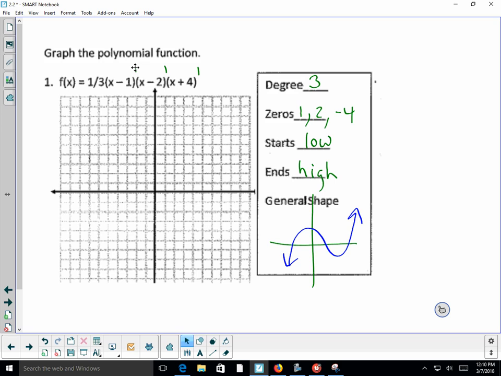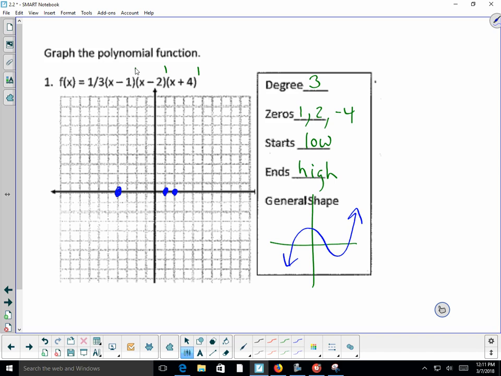Okay, at this point, let's actually plot our zeros on the graph. So there's 1, 2, and 1, 2, 3, 4, -4. Does that look accurate? Now, how many times are each of these zeros occurring? Once each, right? 1 occurs as a zero once, 2 occurs once, -4 once.